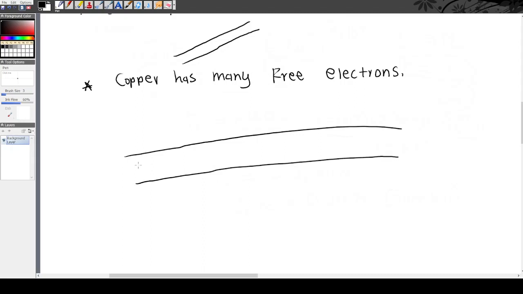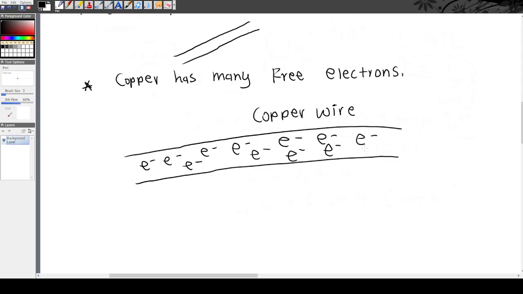You will see that kwi-copper wire kukhona ii-electrons that are freely moving. Ngamanye amazwi floater easily, ziyafloat. Nazi ezi electrons. This is a copper wire, lijiko elenziwe ngecopper. Eli jiko senza ngalo umbane, meaning eli sihambisa ngalo umbane, is called a copper wire. So it has many freely moving electrons.